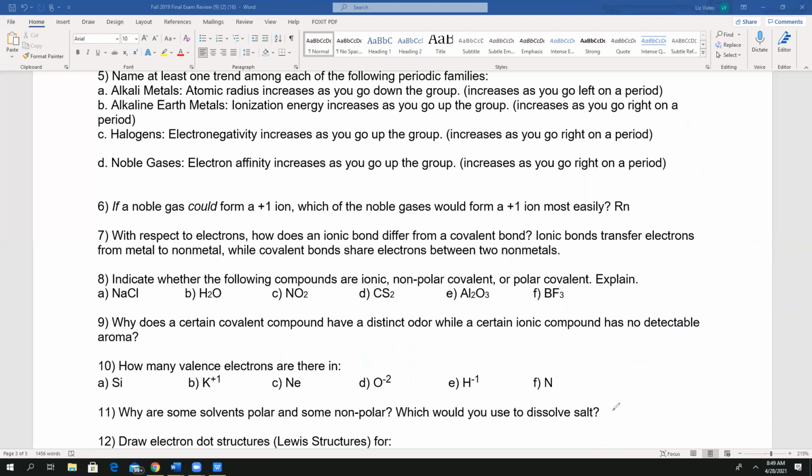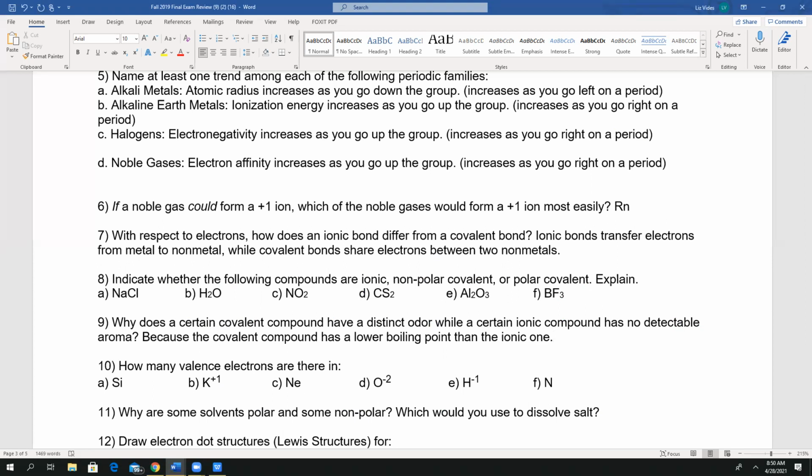Well, this leads to a property of covalent and ionic compounds that is different.